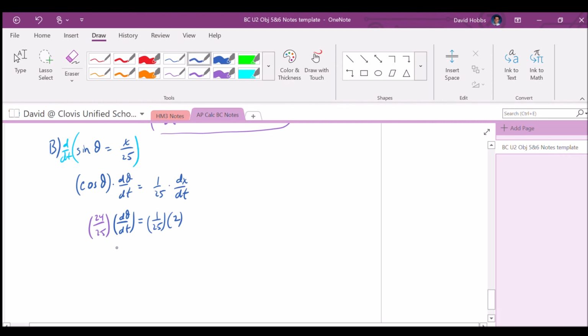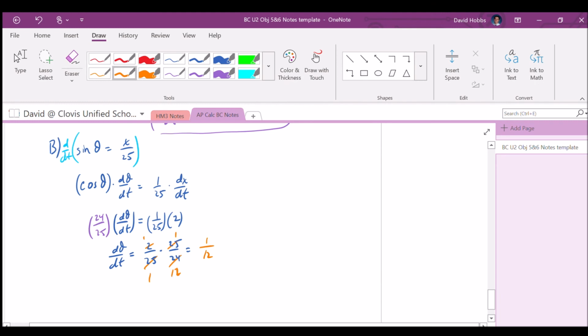So d theta dt is 2/25 multiplied by the reciprocal, 25/24, and we get 1/12. Now, it's an angle.